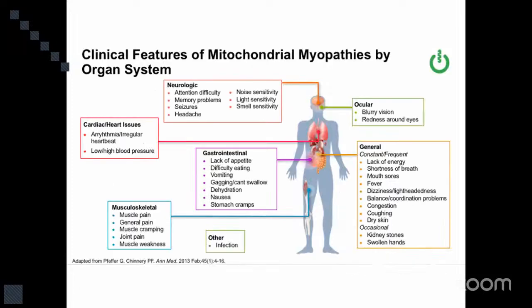This cartoon also gives us the idea of mitochondrial myopathy by organ system. You can see the cardiac heart issues, musculoskeletal, gastrointestinal, ocular, neurologic, and then general. So these are all things that could arise from poor mitochondrial performance.